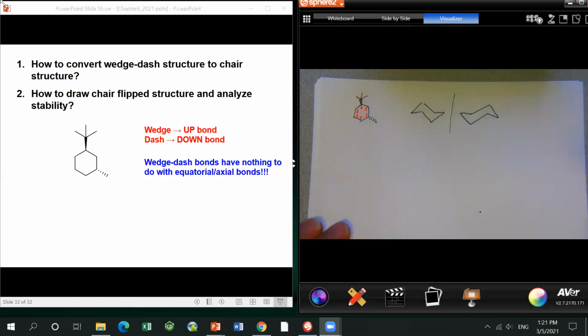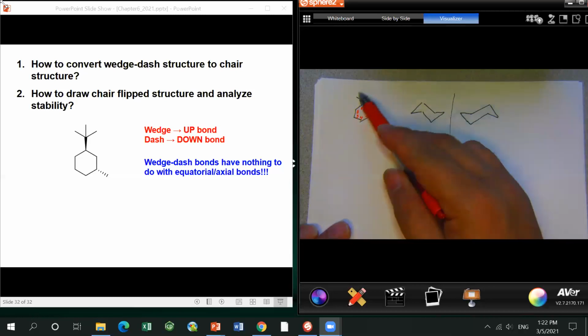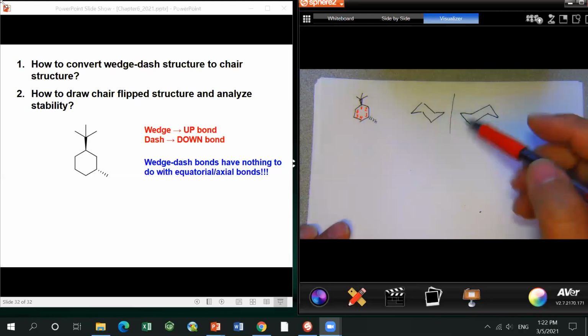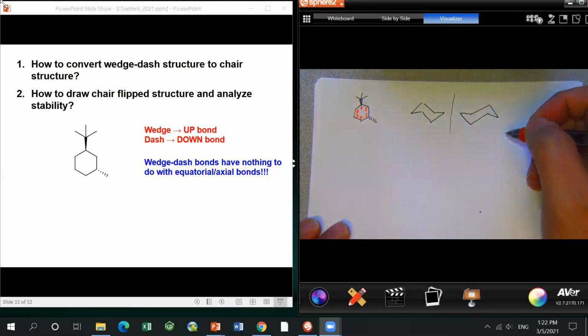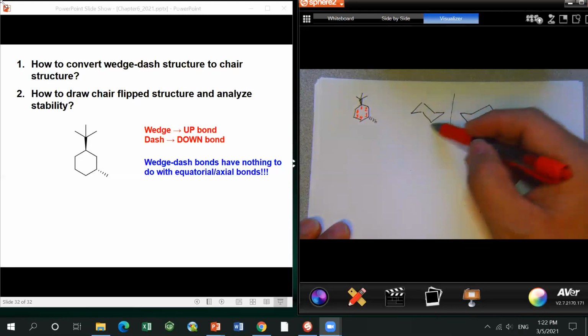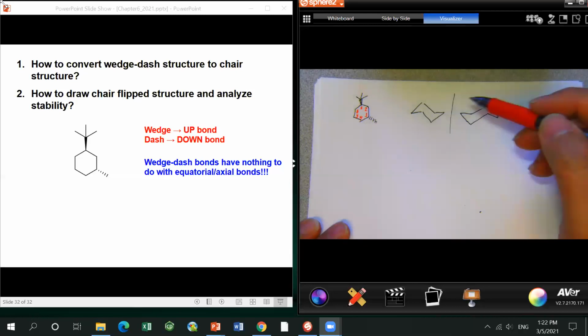Keep in mind this time we'll number them. It doesn't matter which carbon you start from, any carbon will be fine, but more importantly make sure they are in the same direction.